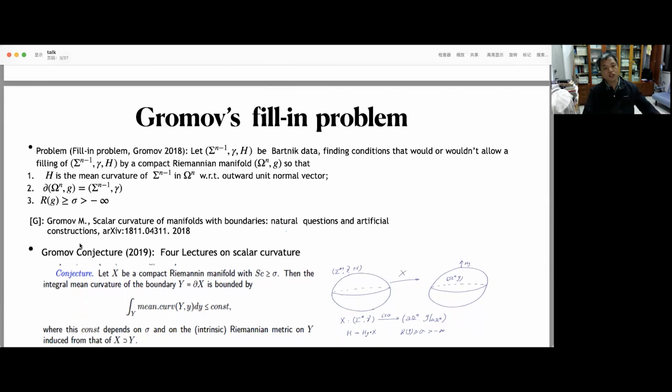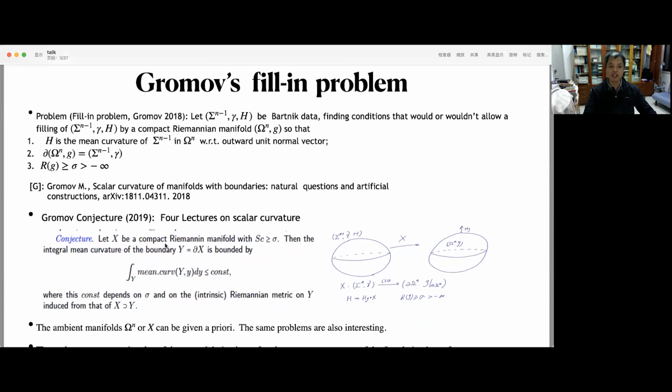One year later, Professor Gromov raised a more specific problem. That is, let X be a compact Riemannian manifold with a given lower bound on scalar curvature, and then he conjectures that the total mean curvature has a uniform upper bound. That upper bound depends only on the boundary, on gamma, and on the lower bound sigma of the scalar curvature.